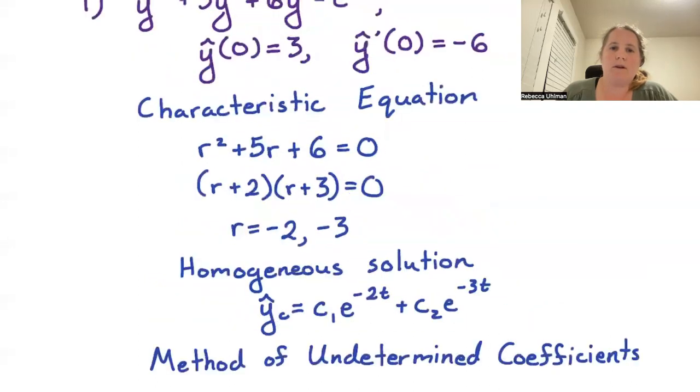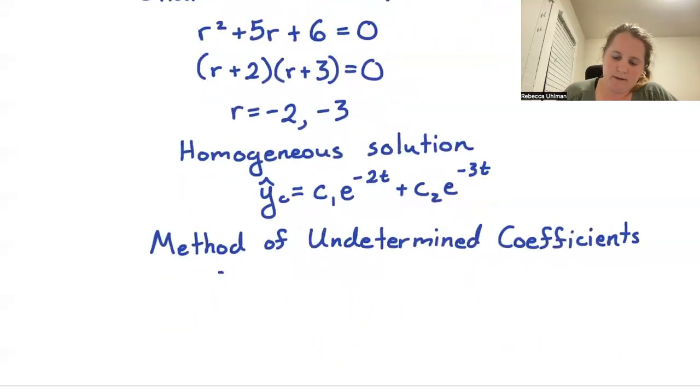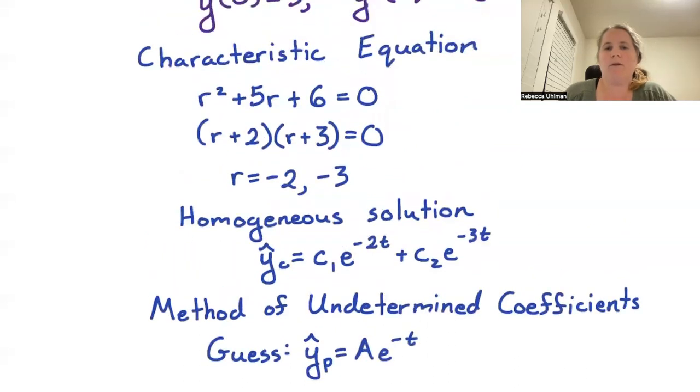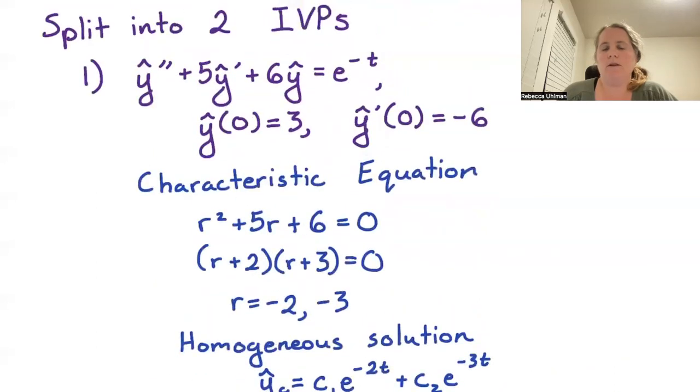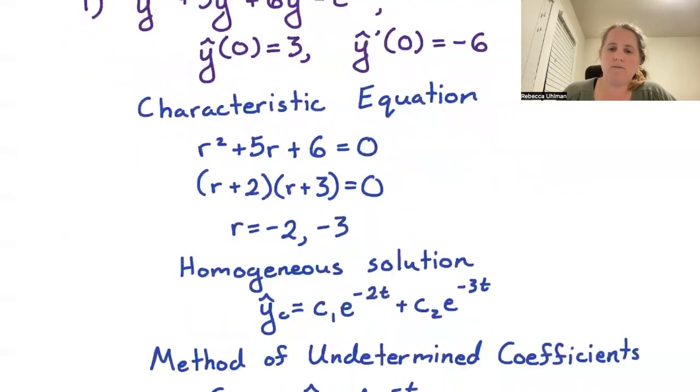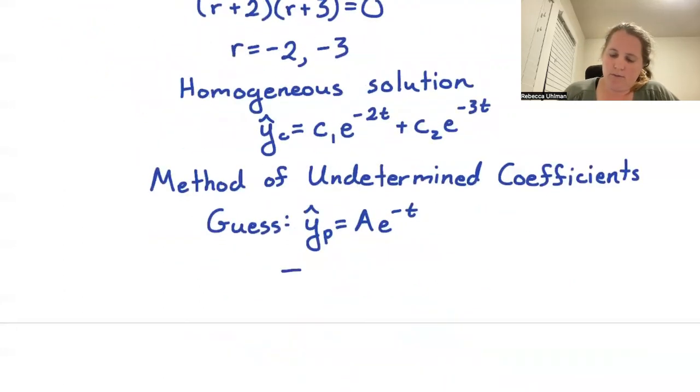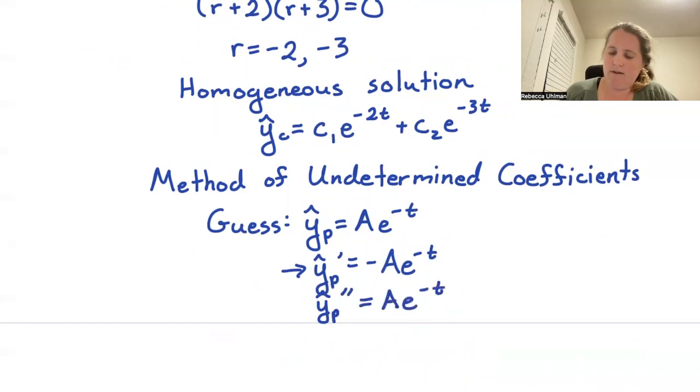We have our guess will be y hat p is a e to the negative t. This has no conflict with our homogeneous solution, and it does match our forcing function. So we have y hat p prime is negative a e to the negative t, and y hat p double prime is a e to the negative t.